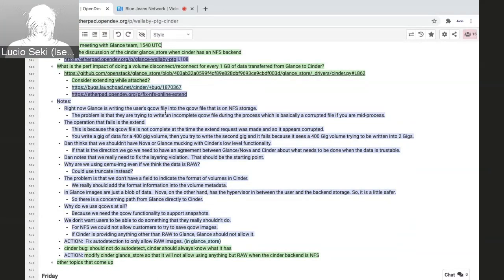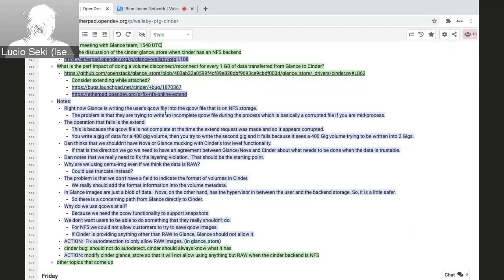But the idea is that the Cinder NFS driver side is trying to run QEMU image resize, and it fails because it cannot acquire a lock that is held by libvirt from the Nova side.